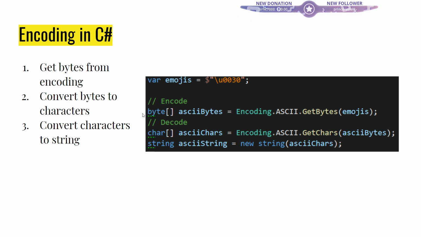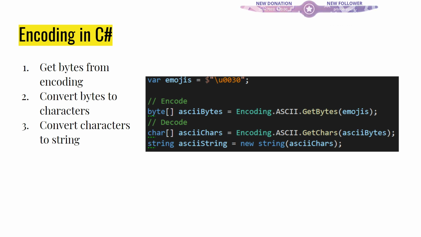And the key point here is that it doesn't decode byte by byte, but it decodes 4, 2, or 1 byte at a time, depending on the encoding. For ASCII, it will just take 1 byte at a time. Literally, I can look at the byte and understand what character that is.